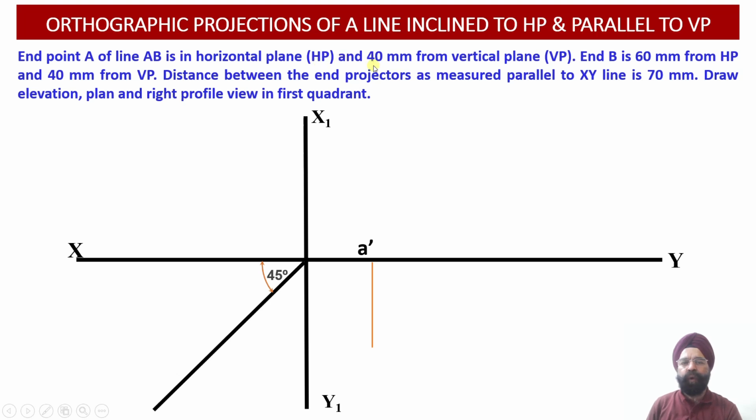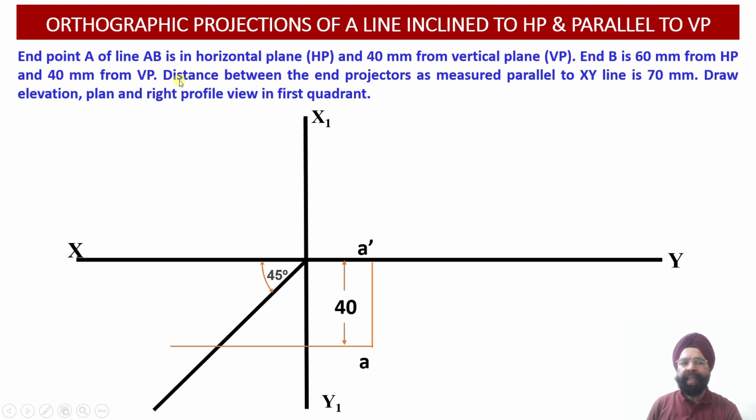So the distance 40 millimeter of the end A from the vertical plane will be assumed as 40 millimeter in front of the vertical plane, so that this point lies in quadrant number 1. So 40 millimeter in front of the vertical plane will be drawn below the XY reference line. So the top view projection corresponding to the point A has been obtained, and the front view projection A dash corresponding to the point A has been obtained.